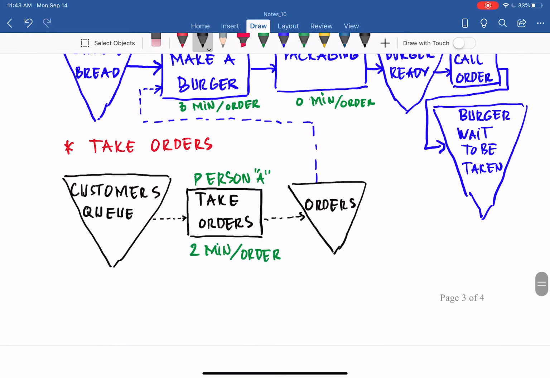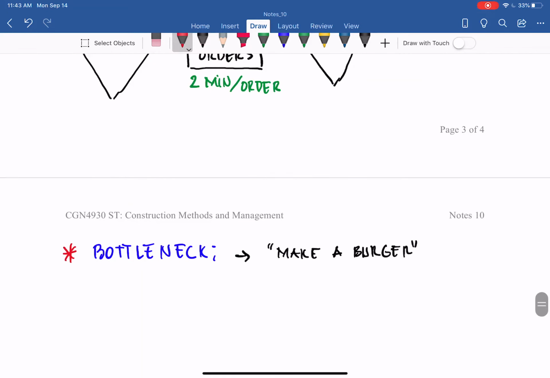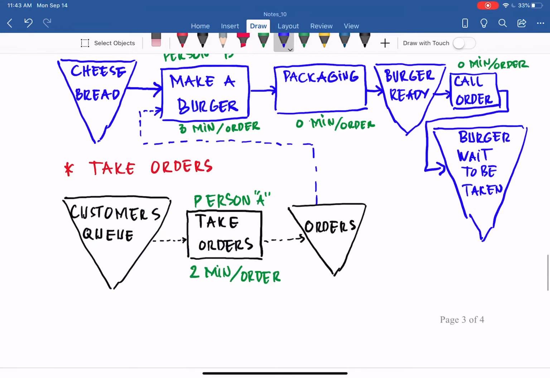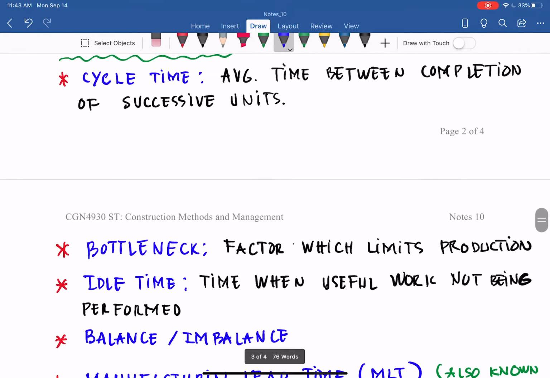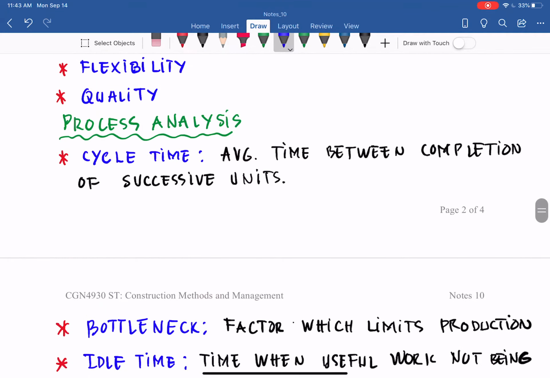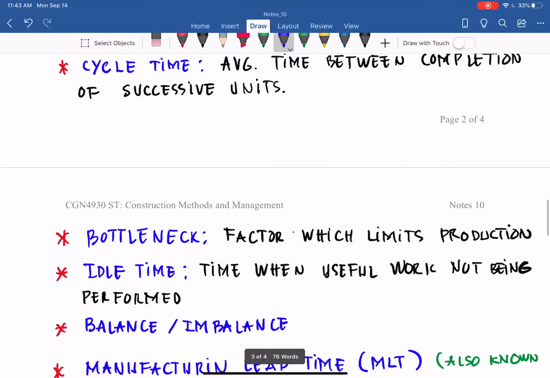And then, what should be the cycle time? The cycle time, by definition, is the average time between the completion of successive units.